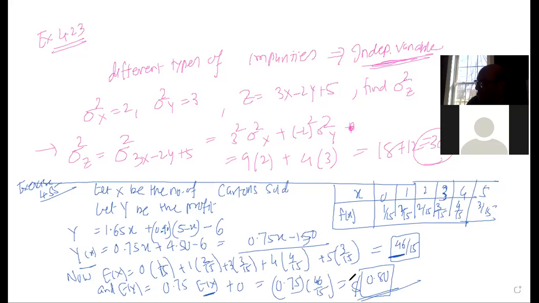Example number 5.57 is exactly similar. This is a discrete case. Let me solve 5.57 if you want, and then we can switch over to 5.58 in our book for the continuous random variable and linear combination.